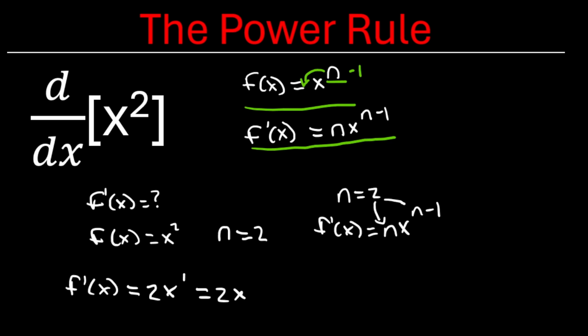We plug 2 in for n here, we get 2x to the 2 minus 1, or 2x. So either method results in the same answer.